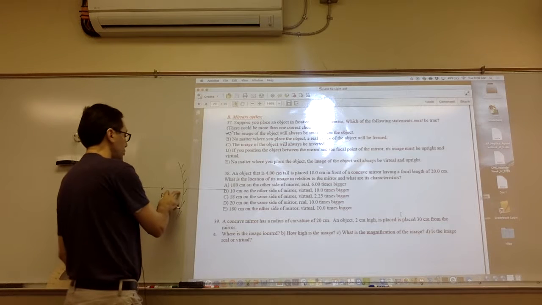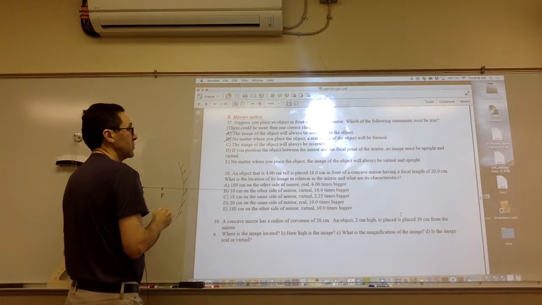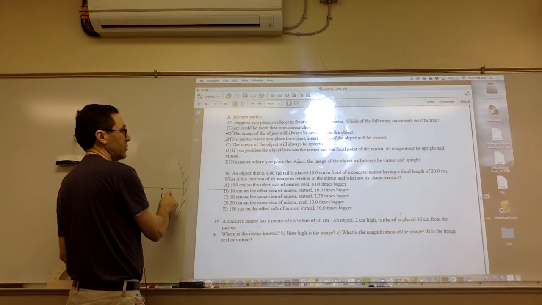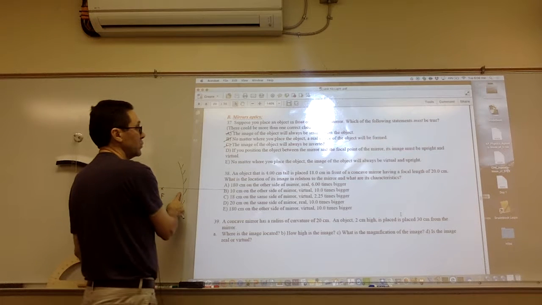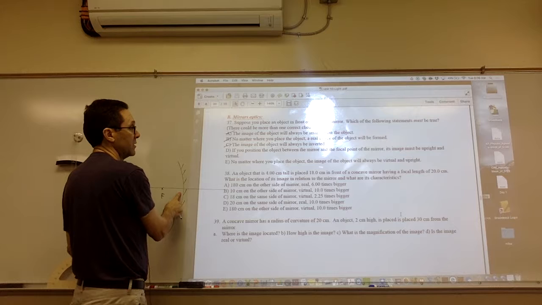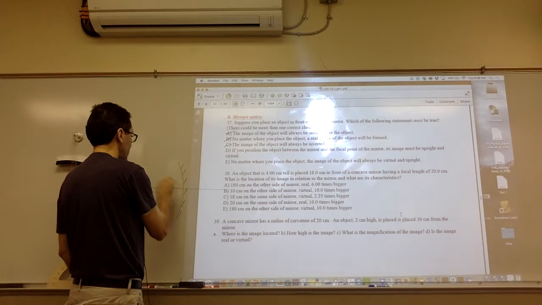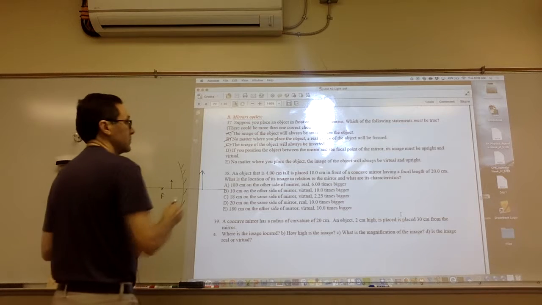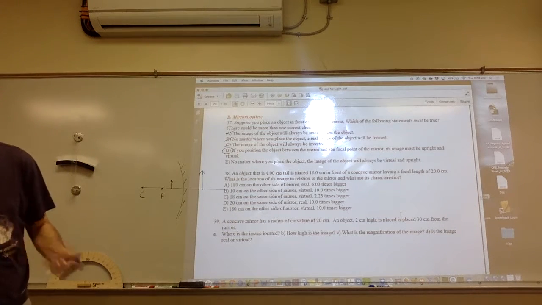Not true. Between F and the mirror, you get a virtual image. The image will always be inverted. Not true, because between F and the mirror you're going to be upright. If you position the object between the mirror and the focal point, its image must be upright and virtual. That's true. Go back to the drawings. If you put yourself here, you're going to get an image that's back here, and it's larger. So the answer to that is D.